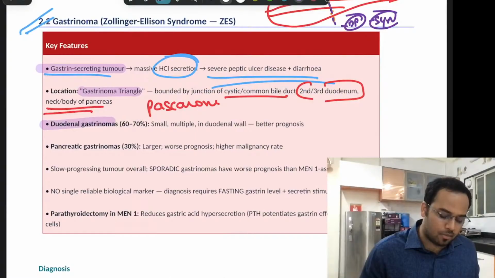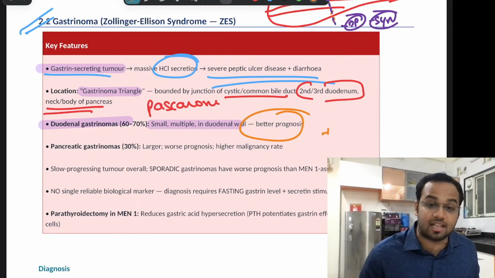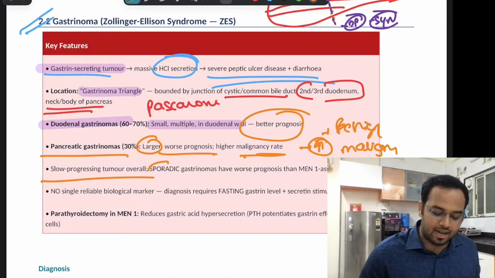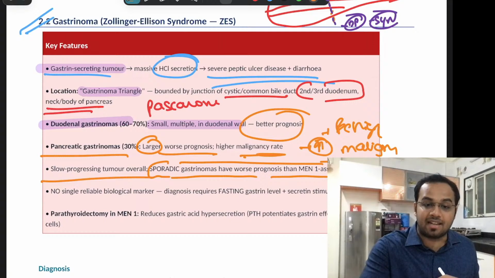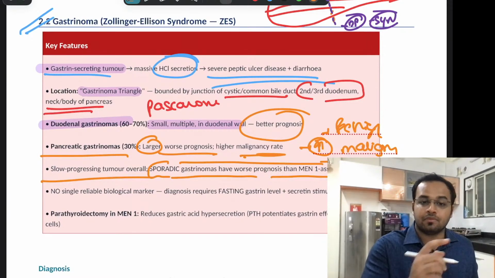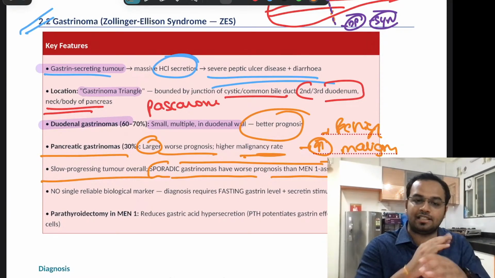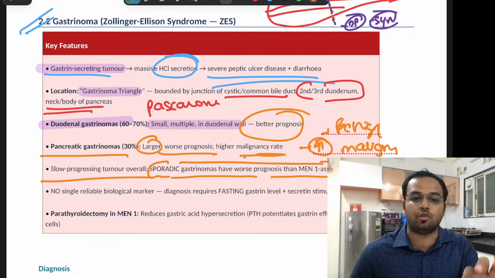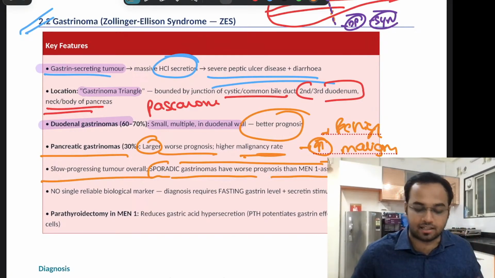So duodenal gastrinomas are small, multiple in the duodenal wall and have a better prognosis because they are mostly going to be benign. Pancreatic gastrinomas are large with worse prognosis and have more risk of malignancy. Slow progressing tumors, so sporadic gastrinoma has worse prognosis than MEN1 association. There, we saw in pancreas insulinoma that insulinomas are mostly benign, but when associated with MEN syndrome they have worse prognosis, hence distal pancreatectomy was indicated.